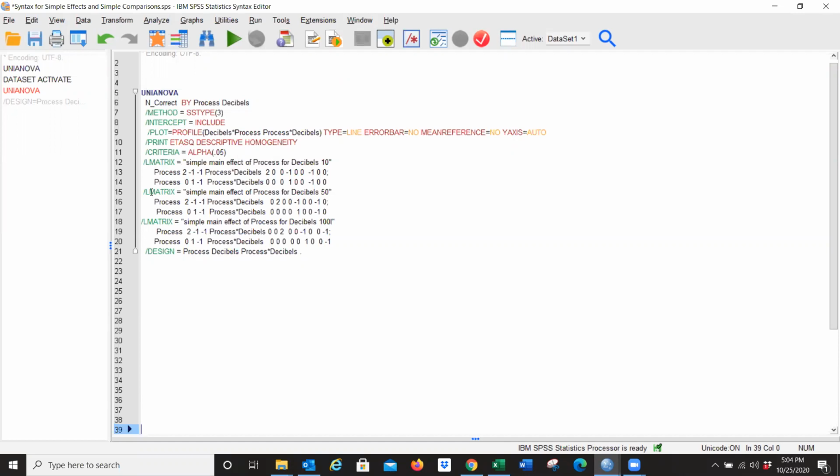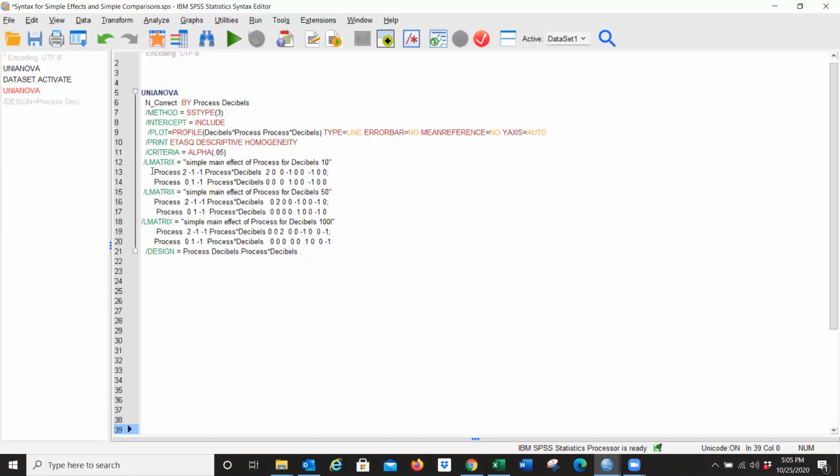And then just jump down with me. Simple main effect of process for decibels 50, and jump down. Simple main effect of process for decibels 100. These are in quotes, so you can really put anything you want in the quotes. Now, you've got that piece of scratch paper with the work we did in Excel.